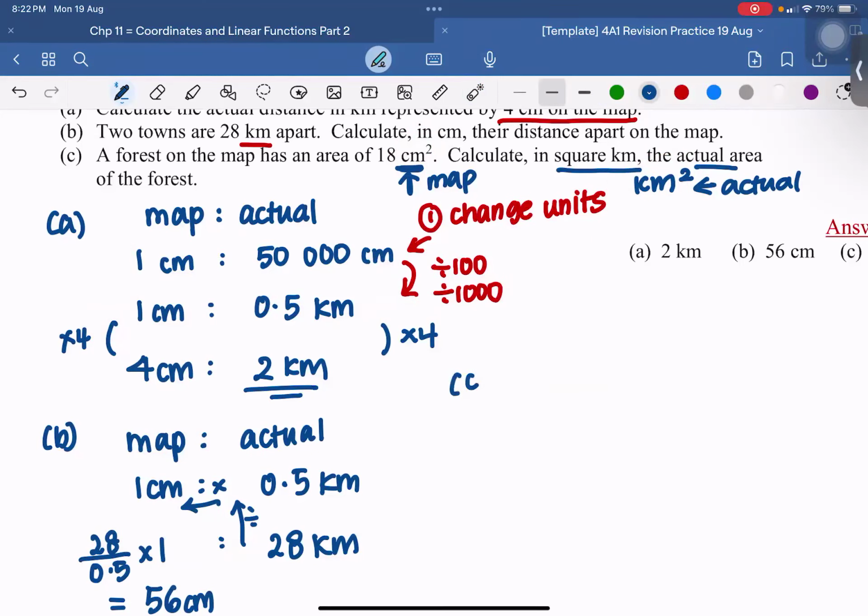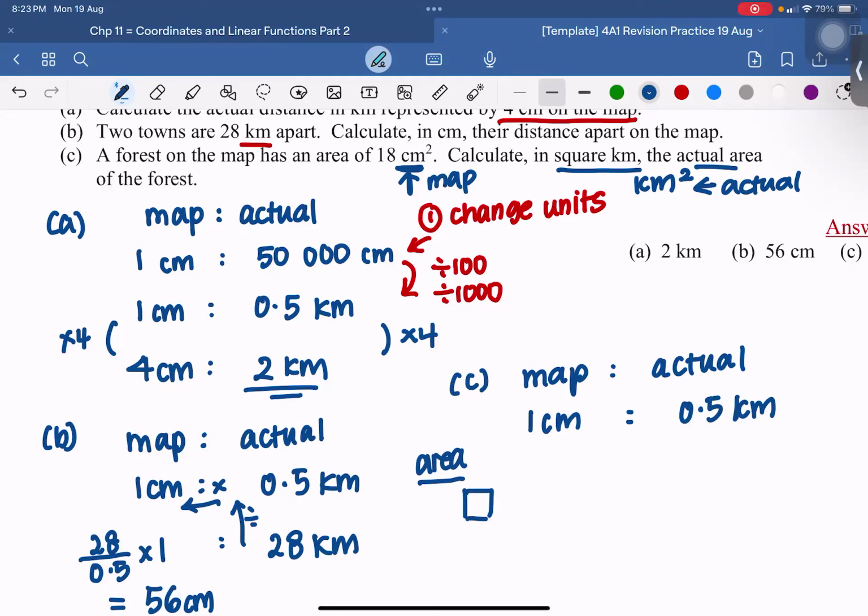Okay, part C, map is to actual. The one on the map is 1 cm. Actual is 0.5 kilometers. Okay, now they want the area. So do remember to write down the word area to tell them that you're changing it to the area scale. So how do we change everything to area? So imagine, yes, very good, square.